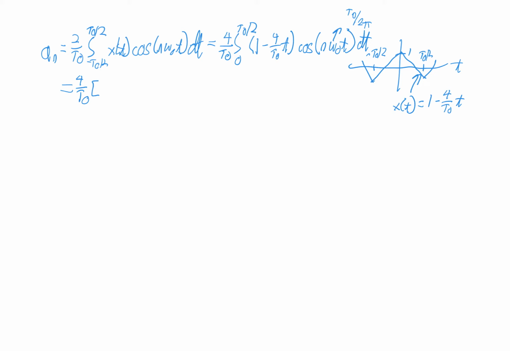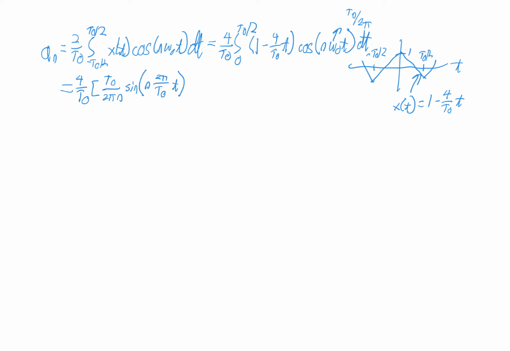So we have cosine of t times this constant that we're integrating, and the constant is n times 2 pi over t naught. So when we integrate, that constant is going to come out front as a reciprocal, and we have t0 over 2 pi n sine of n 2 pi over t naught t.